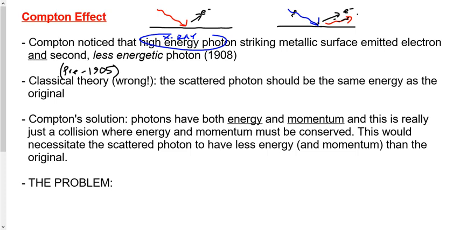When a truck hits it, the truck bounces off, it's the same truck. But photon theory or quantum theory says that when the truck hits it, the truck bounces off, but it's a different truck. It's a truck with a lower frequency or a lower energy. So this is another piece of evidence to support the particle theory or the photon theory of EMR.